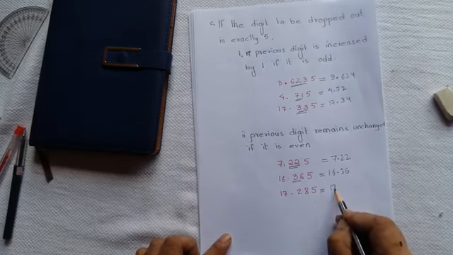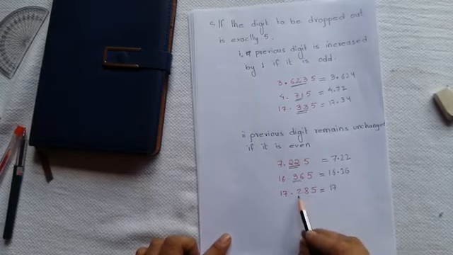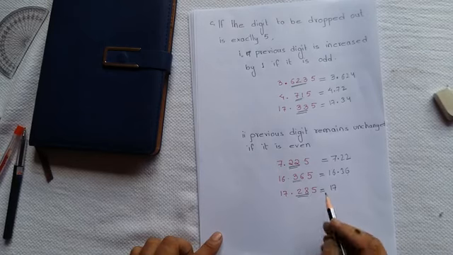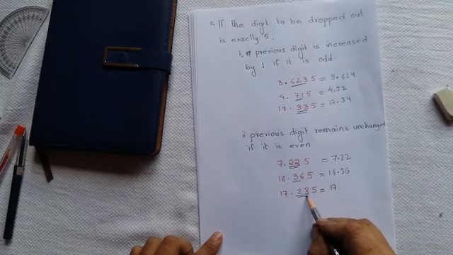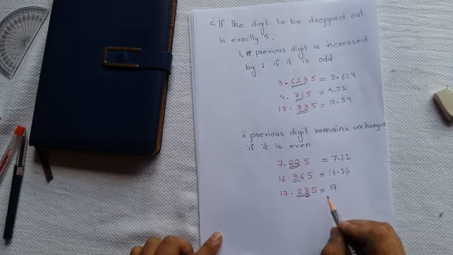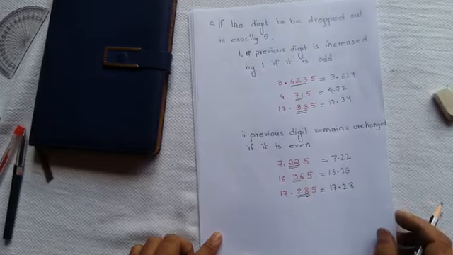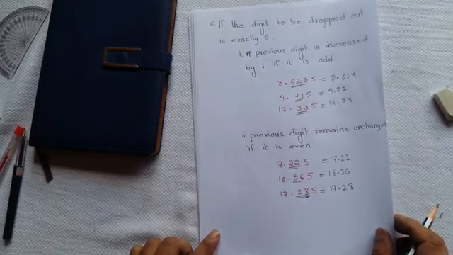Here we have 17, and you want to keep 2 digits after the decimal point, and the digit to be dropped out is 5, and 8 is an even number, that is, the previous number is even, so we'll keep it as it is. So this is how we round off the decimal.